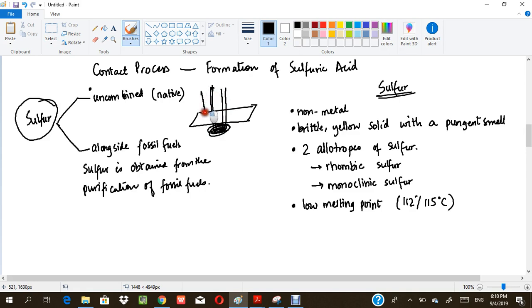This is the entry pipe, this is the return pipe, and through this pipe we send underground superheated water. Superheated water is around 120 degrees Celsius, under pressure.